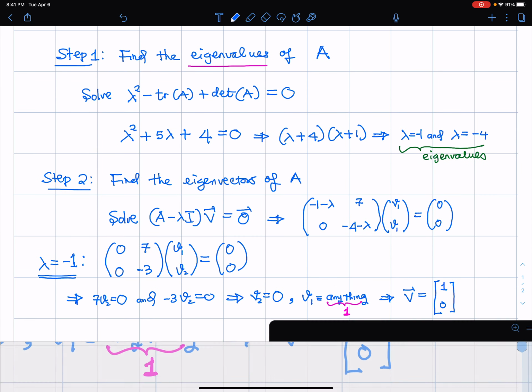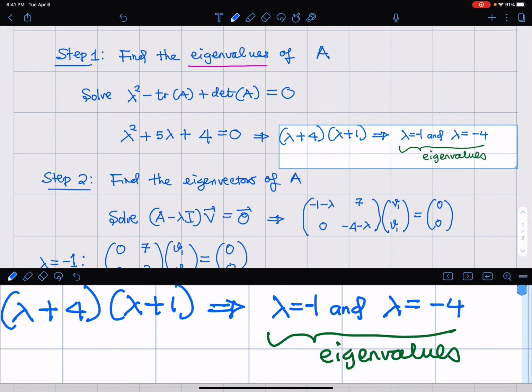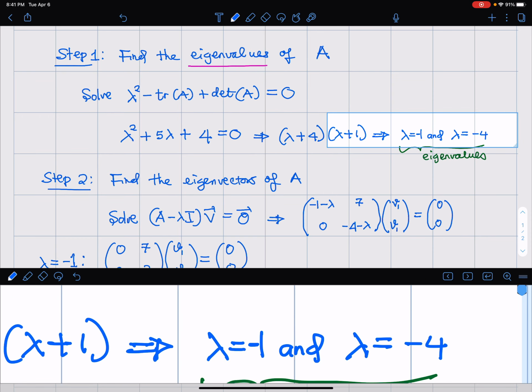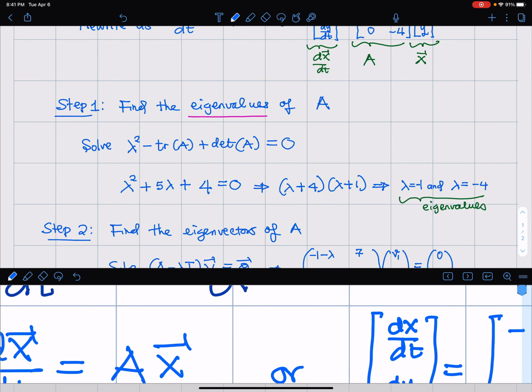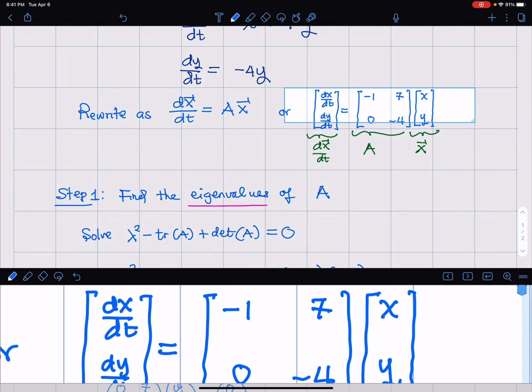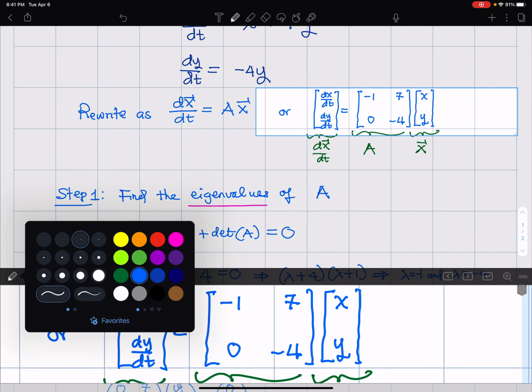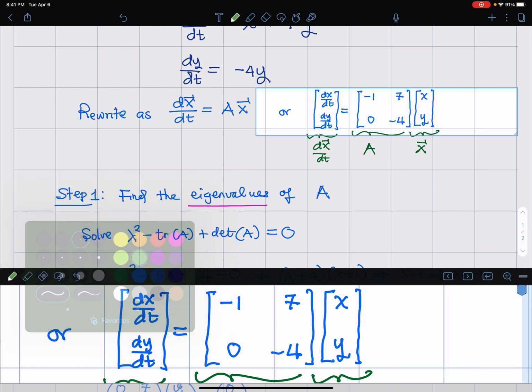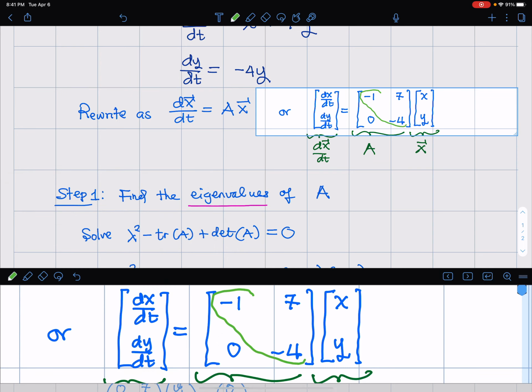Let's see. I want to mention something. We found our eigenvalues to be negative 1 and negative 4. And if you go to the matrix, you see that the main diagonal is negative 1 and negative 4. So this is always the case whenever you have a matrix where the lower part of the matrix is all zeros, right? Then the diagonals will be the eigenvalues.